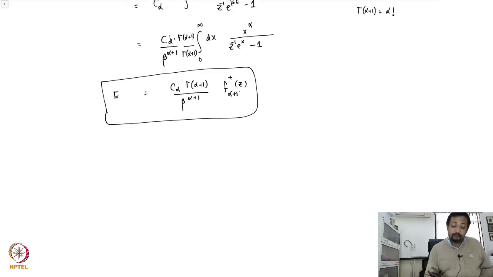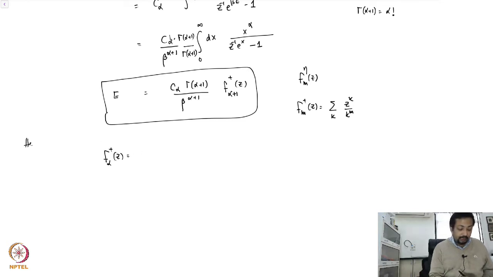The high temperature limit is the one which you are interested in, and for that I'm going to use the high temperature expansion of the functions f_m of z, and in this particular case this becomes sum over k z to the power k, k to the power m. So f alpha plus of z at high temperatures, which of course always means that T is much larger than Tc.